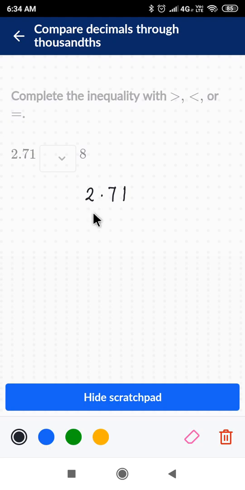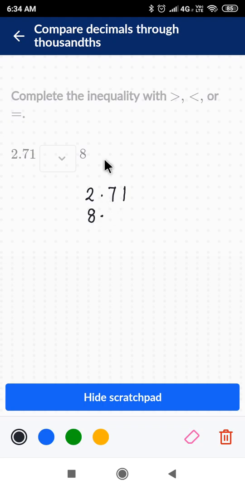So we have to write it in such a way that the units digits are in the same place. So 8 has to be written below 2. You can imagine that after 8 you can put a decimal point, because 8 is the units digit.